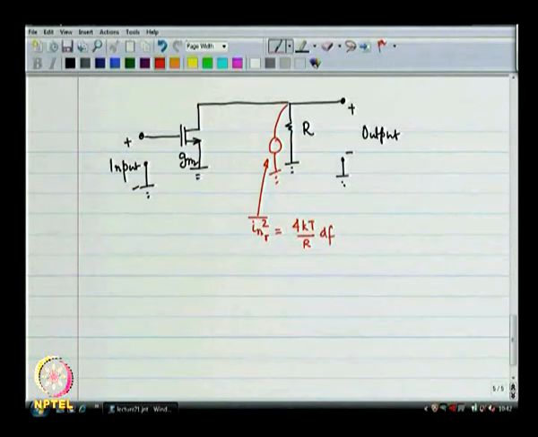And then there is the noise in the channel of the MOSFET, that also can be modeled as a noise current.